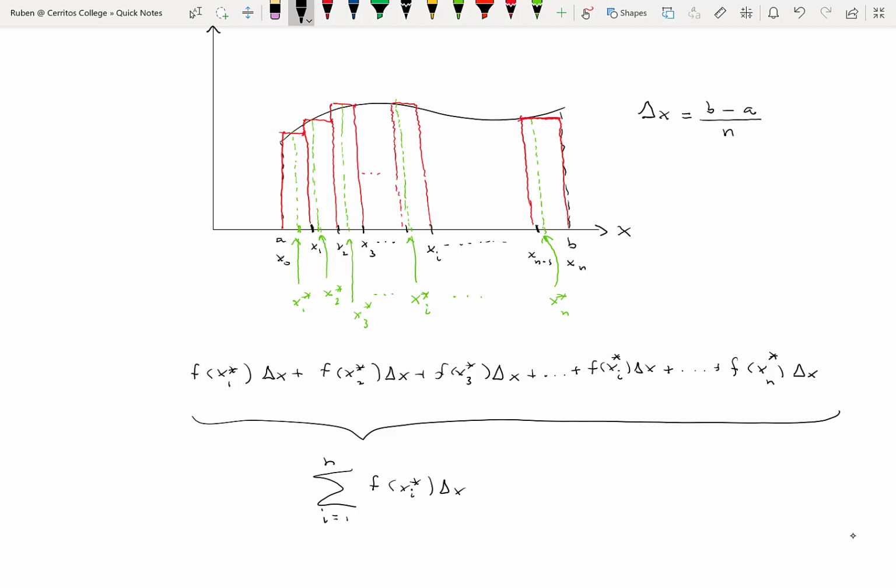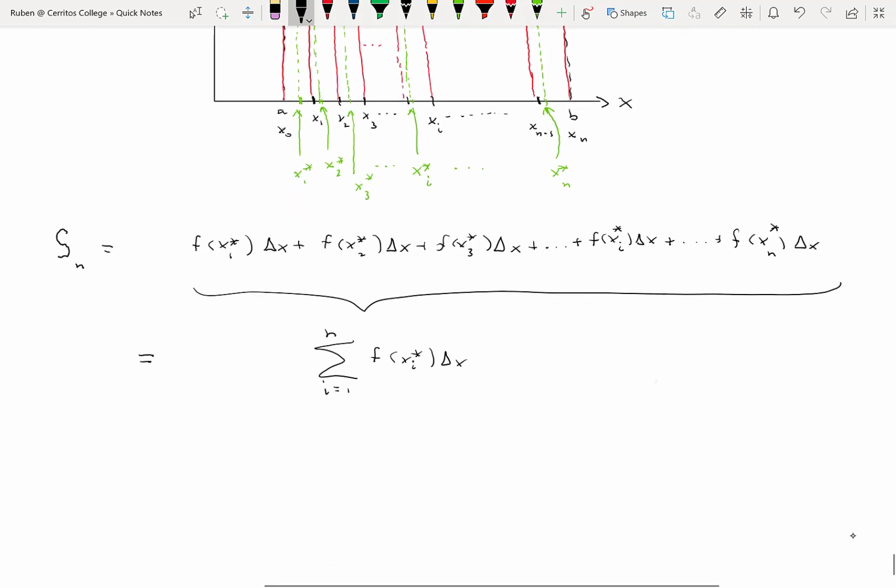And this gives me what I'll call the sum s sub n, the sum of the areas of the first n rectangles.